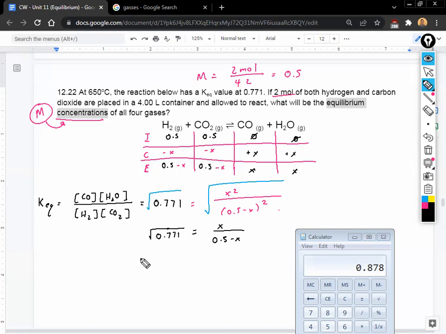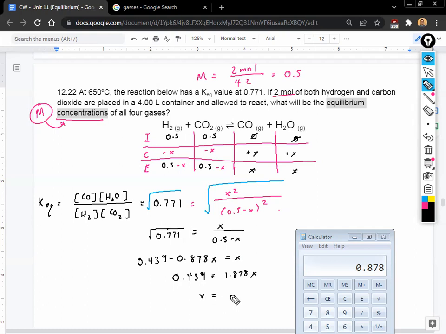Okay. So what you're going to get is 0.439 minus 0.878x equals x. This is what happens when you multiply both sides by 0.5 minus x. And then from there, you can just simplify. You'll have 0.439 being equal to 1.878x.